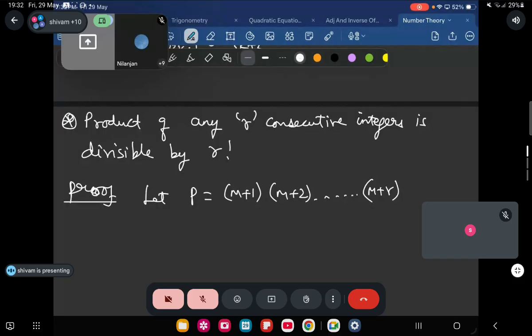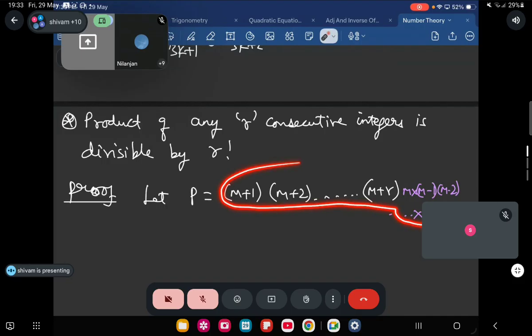So I'm going to multiply m into m minus 1 into m minus 2, up to 3 into 2 into 1. So everyone, what does this whole thing become? Tell me.